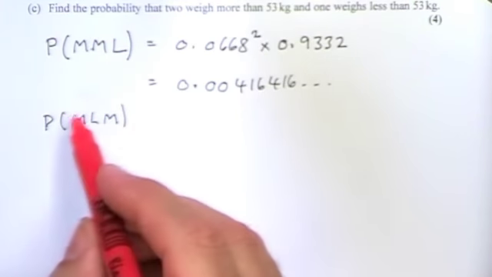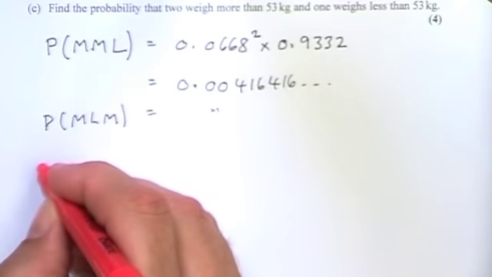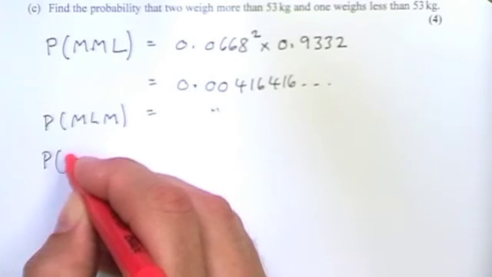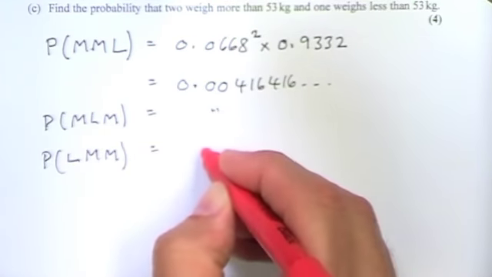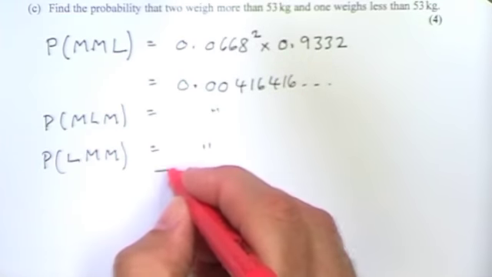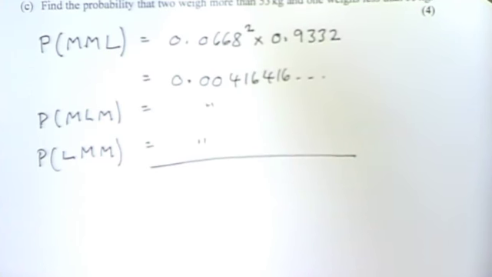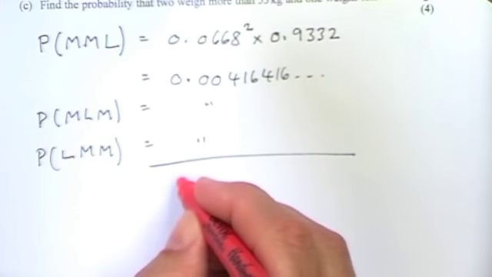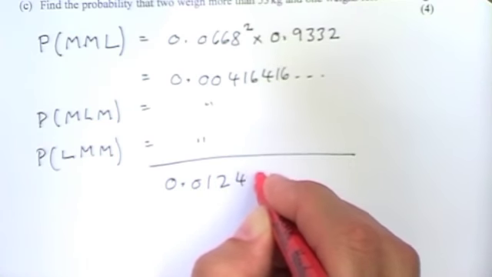That would still give me 2 more and 1 less, and that equals the same. It could be the first one is less than and the next 2 are more than, and that will be exactly the same. So effectively we need 3 times this value here, and that will come to 0.01249.